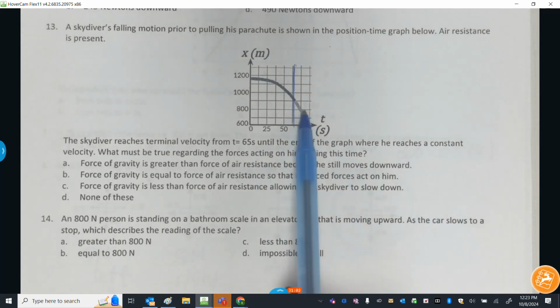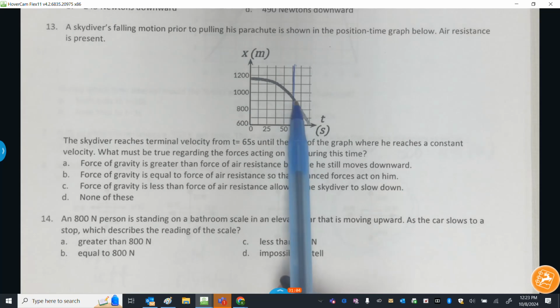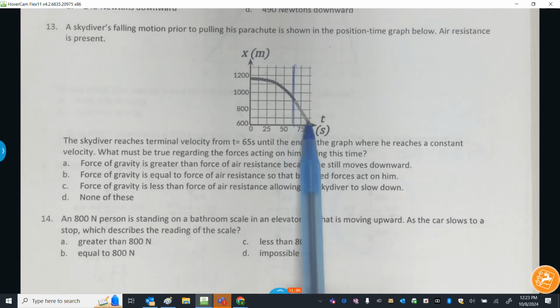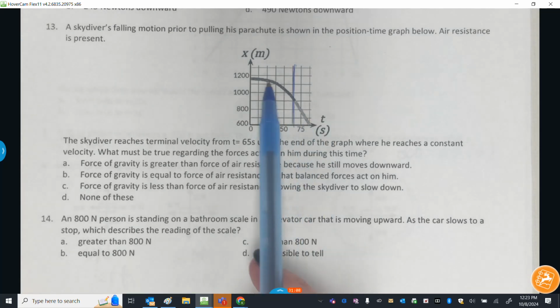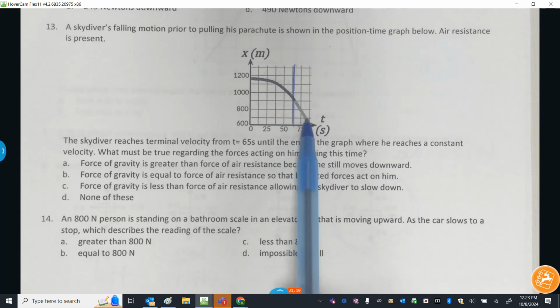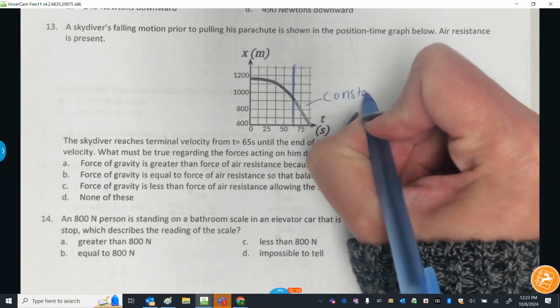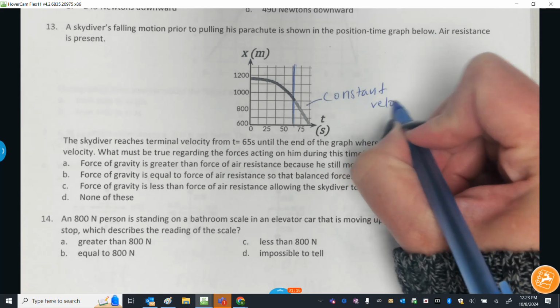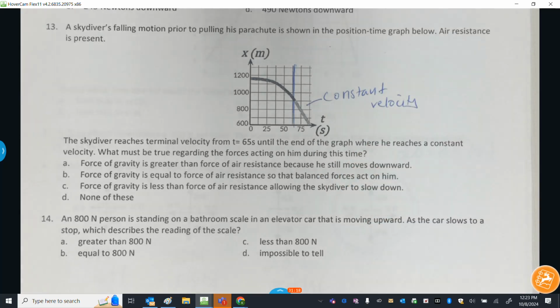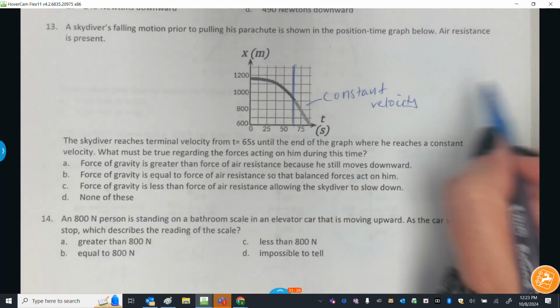So you see here, this part of the graph is a different color because it's a straight line. And so you have acceleration occurring here, and here the acceleration stops and you have constant velocity, and we said that that was called terminal velocity in our notes the other day. That's basically just describing what's in the graph.